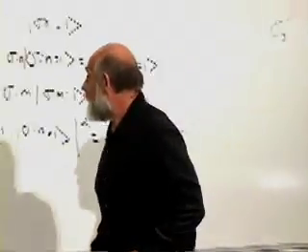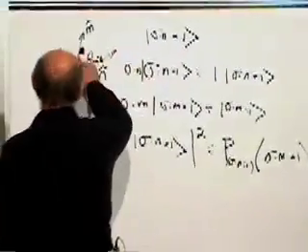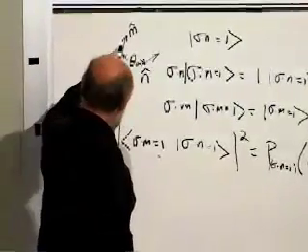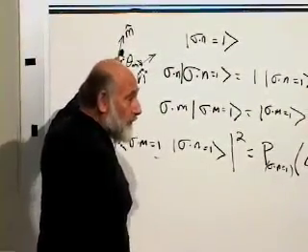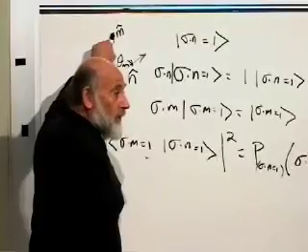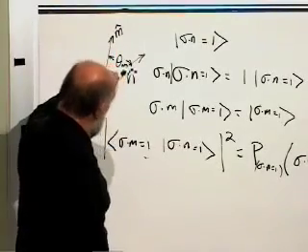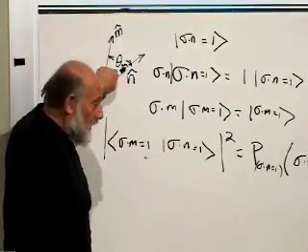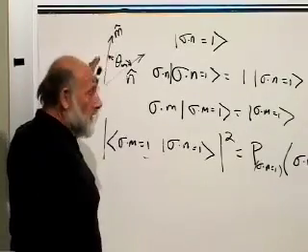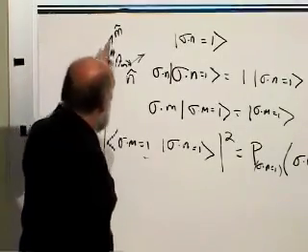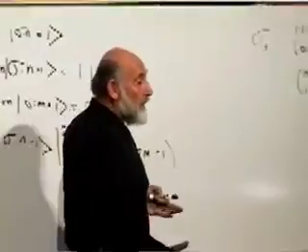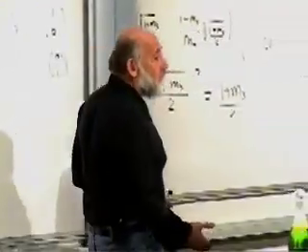So if you measure the spin along the m-axis to be up, you leave the system in the state where the spin along the m-axis is up. You started with a state along the n-axis. You measured it by putting it into this large magnetic field, and you leave it in the state corresponding to the measurement that you've made.